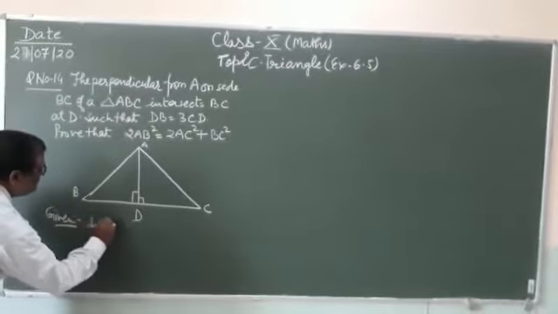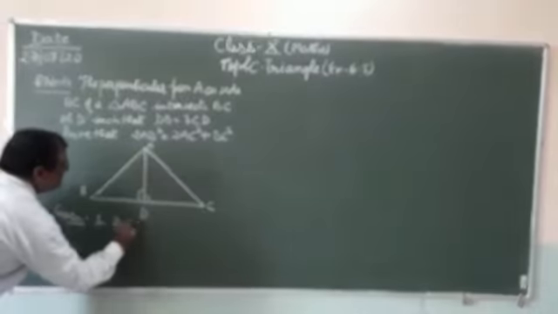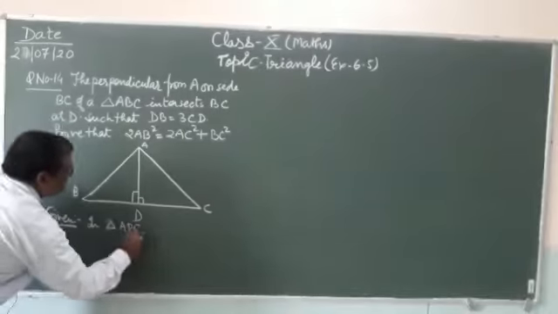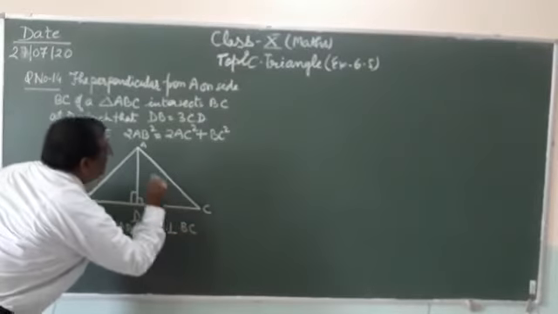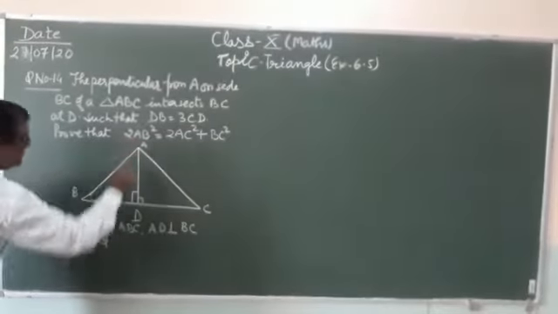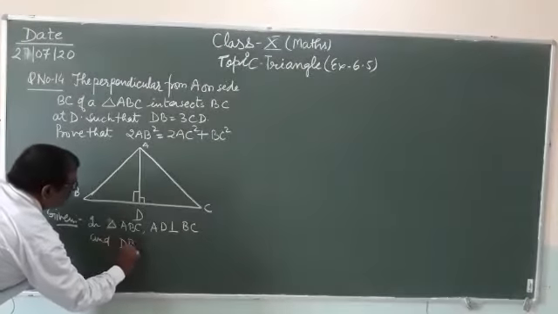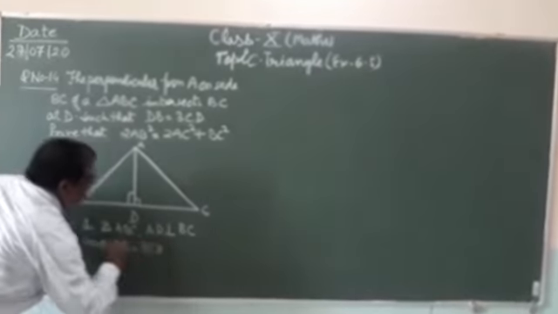Given: in triangle ABC, AD is perpendicular on BC and DB is equal to 3CD.